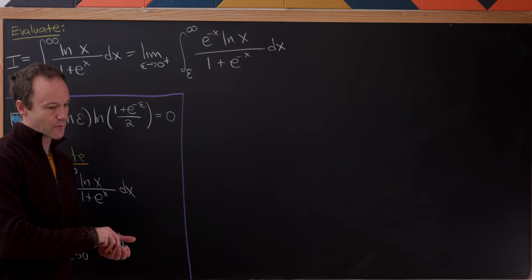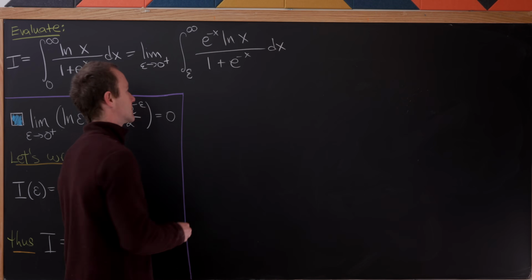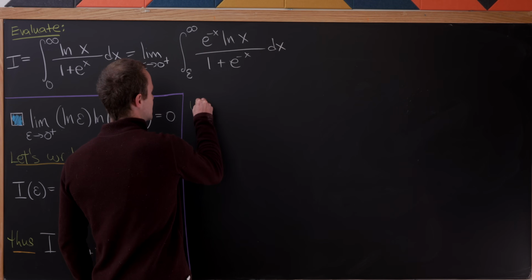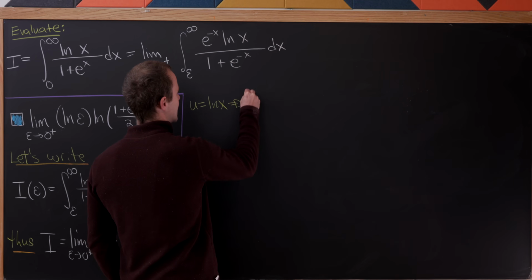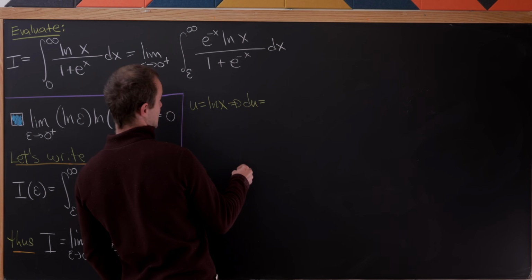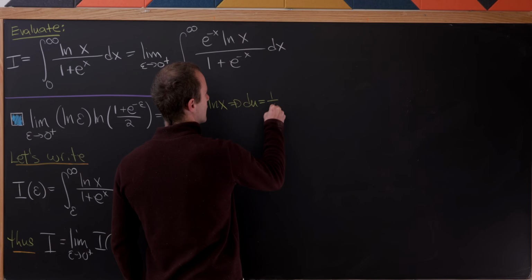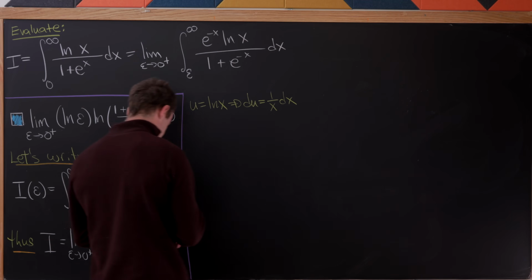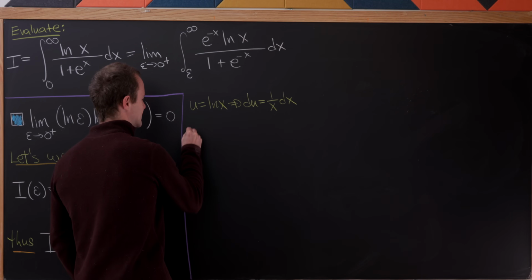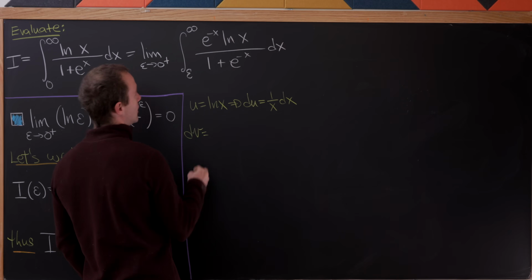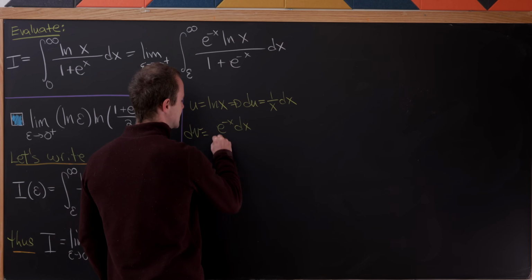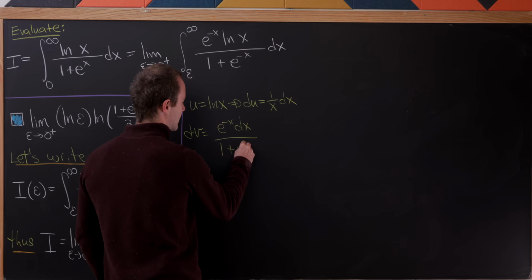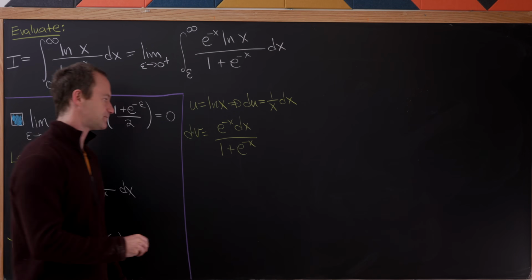And now let's perform an integration by parts here. So let's set u equal to the natural log of x. Notice that implies that du is equal to, let's see, 1 over x dx. And then next up, we'll set dv equal to all of the rest of the stuff. So this will be e to the minus x dx over 1 plus e to the minus x.